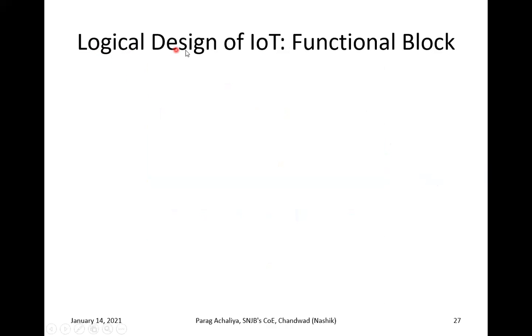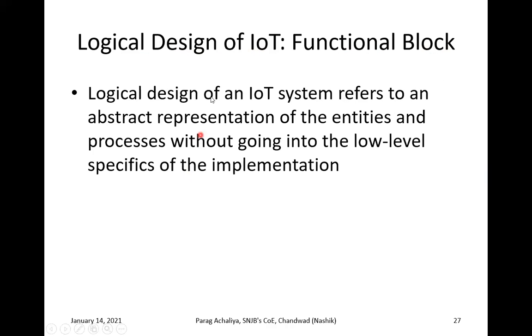Then we will see the logical design of IoT, that is, we are going to see the functional blocks. In the previous lecture, we saw the physical design. Now we will see the logical design. Logical design of an IoT system refers to an abstract representation of the entities. It is not the in-depth entities.